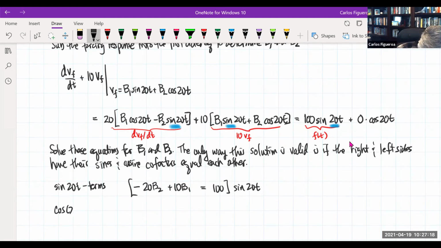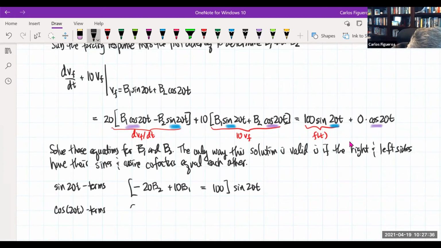Let's go to the second one now. I look at the cosine 20t terms, and I'm going to pick these with the purple. I look at only the cofactors.